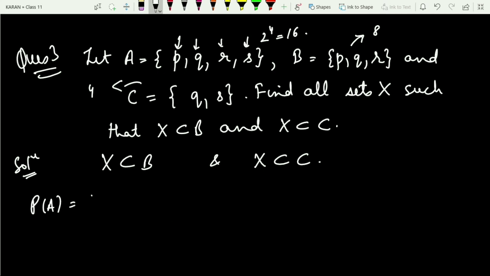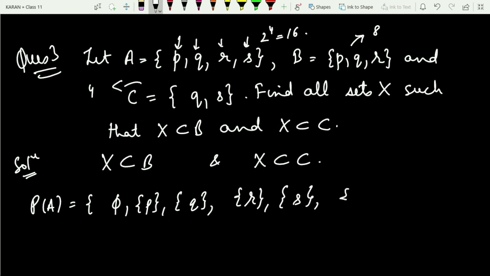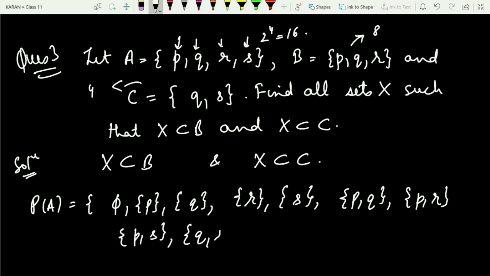So that will have the empty set, singleton P, then singleton Q, then singleton R, singleton S, right? So follow the same pattern. Then the doublets, that is PQ, PR, next will be PS, then QR, the next one will be QS, and another one, RS, next one will be PQR, right?